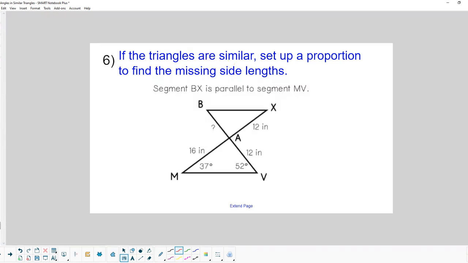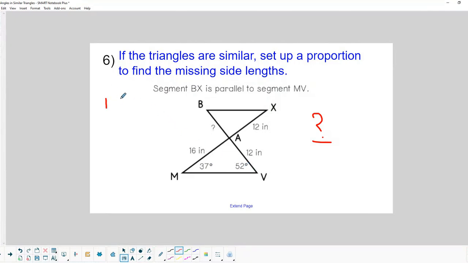Okay, if the triangles are similar, set up a proportion to find the missing side lengths. So we're trying to find that missing side length right there, if these are similar. All right, so if we look at this particular triangle right here, we have 37 and 52 degrees.